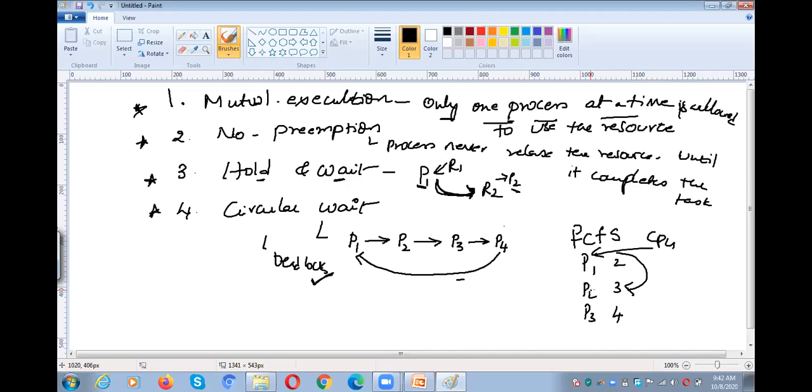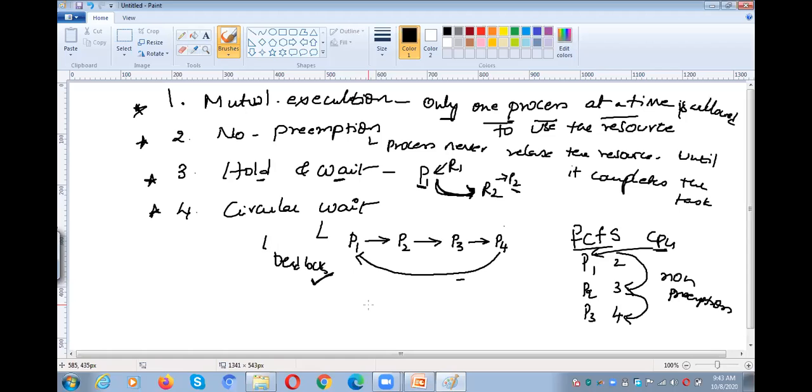Now P2 uses 3 milliseconds of CPU time. After completing P2 only, we switch the CPU from P2 to P3. That means only after the completion of a task, the CPU will be allocated to some other process, not in the middle of the execution. That is the reason why FCFS comes under non-preemption.